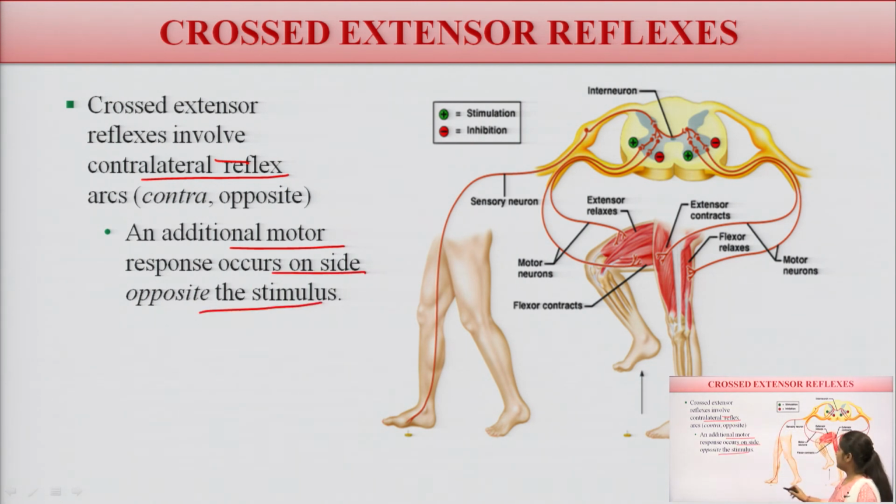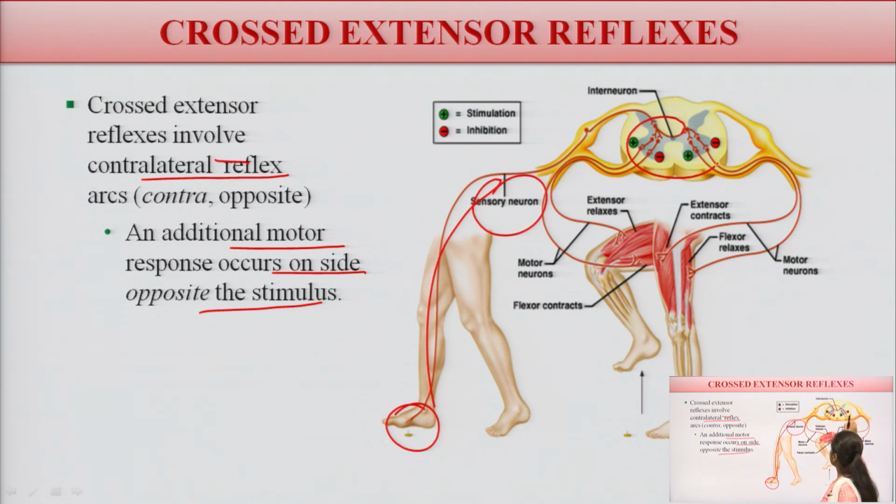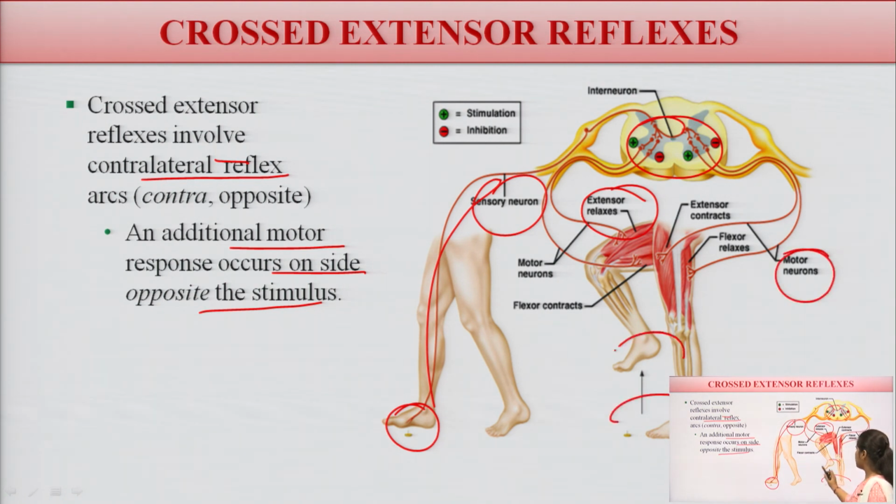Whenever you put your foot on a pin, there is a sensory neuron, there is interpretation in the spinal cord, and there is an extensor reflex. After that there is a motor neuron and you remove your leg from that particular pin. So these are the kinds of reflexes in the spinal cord.